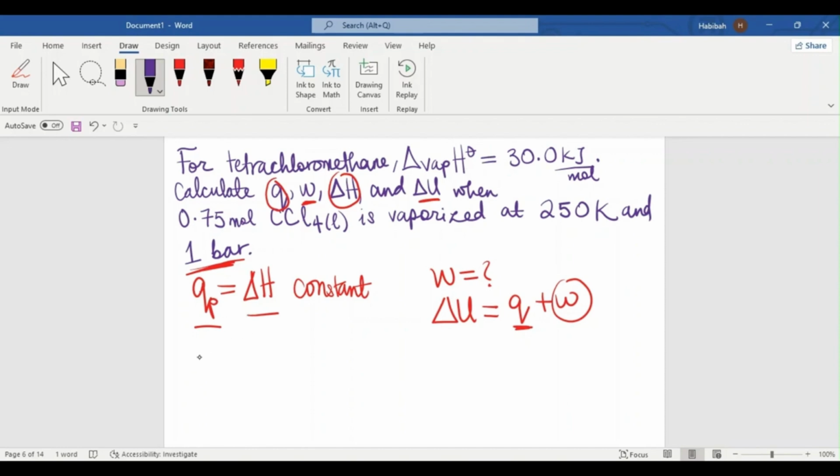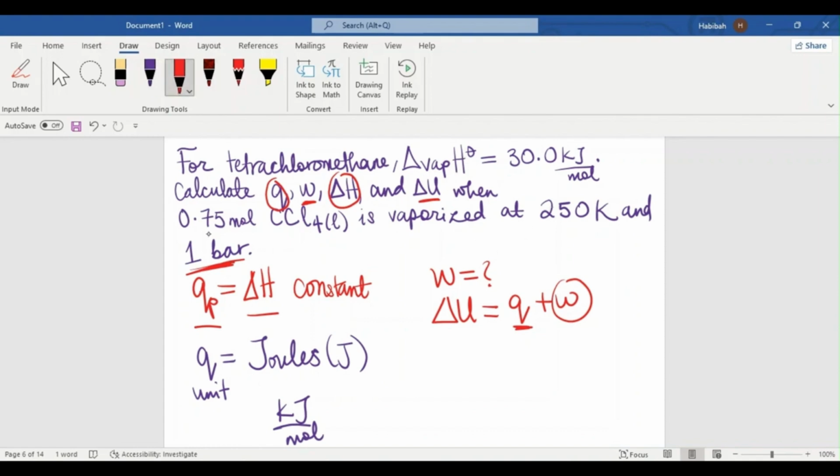Remember that the units for heat as well as work are joules. So the unit for heat and the unit for change in enthalpy are all joules. And this particular change in enthalpy for vaporization is in kilojoule per mole. So what this is telling you is that enthalpy is simply the change in enthalpy of vaporization times the number of moles.